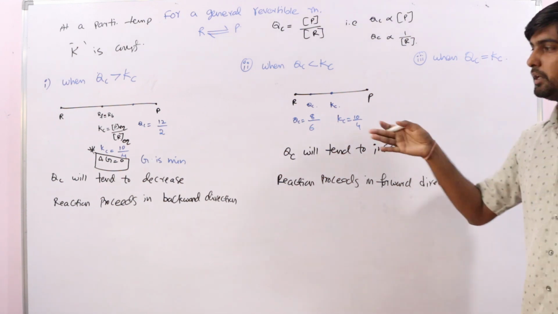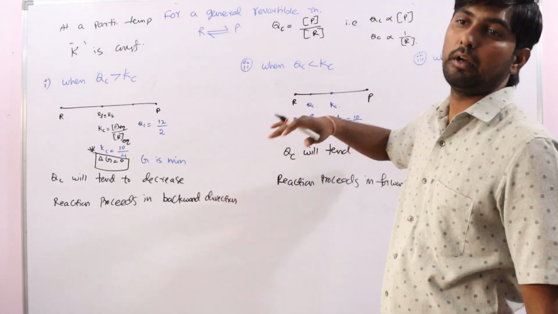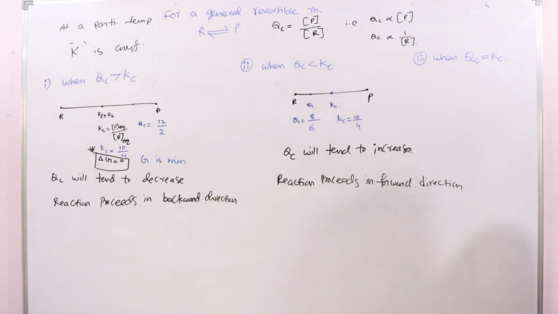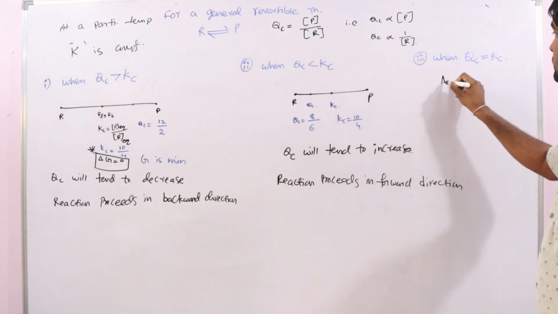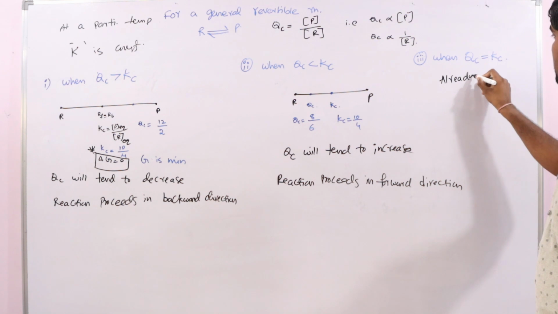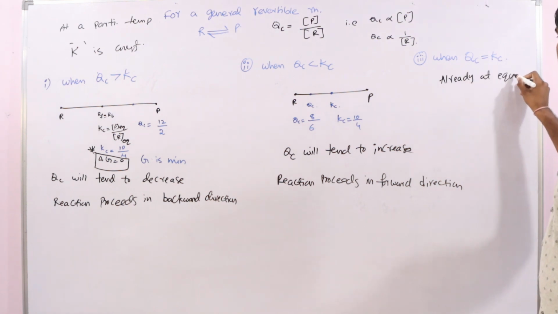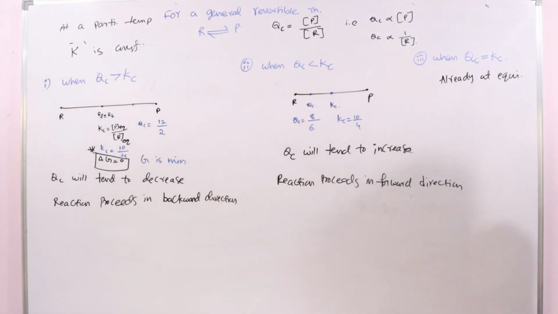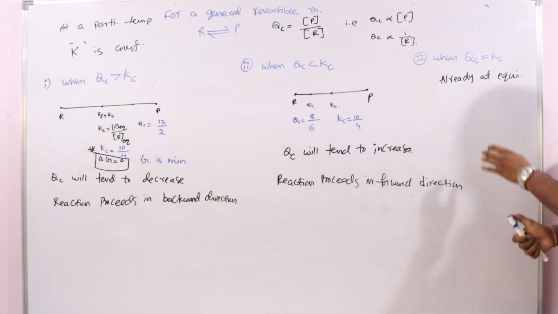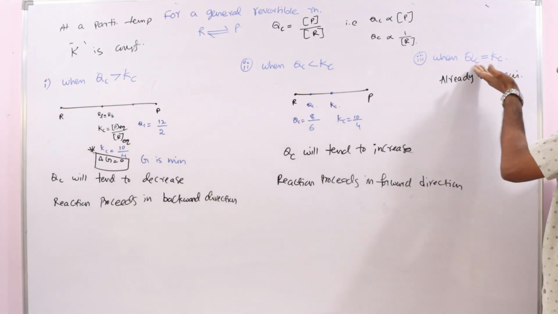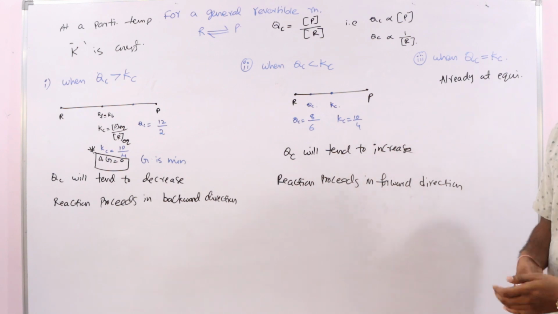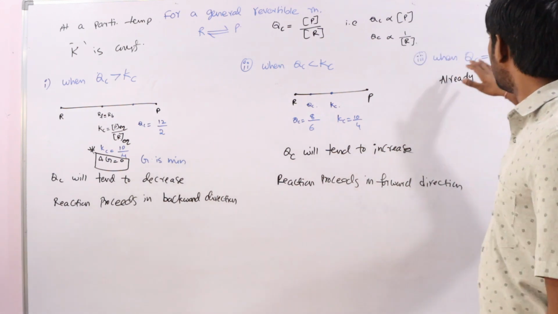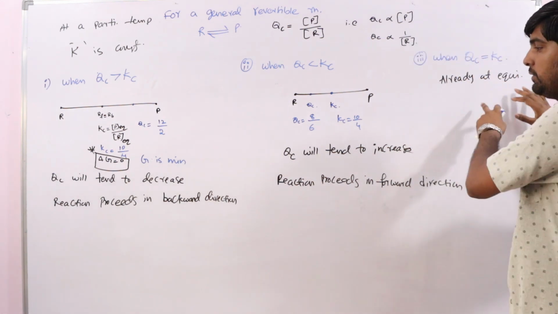The reaction neither shifts in the forward direction nor in the backward direction, because it is already at equilibrium. QC equal to Kc means QC is also at its most stable state, yes or no? So that remains as it is and there is no change.